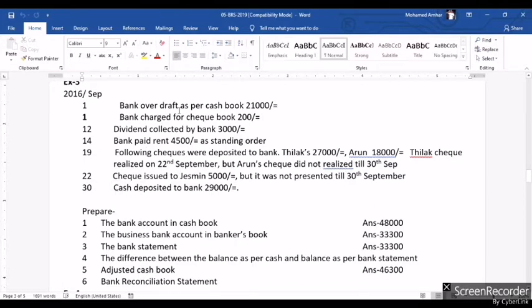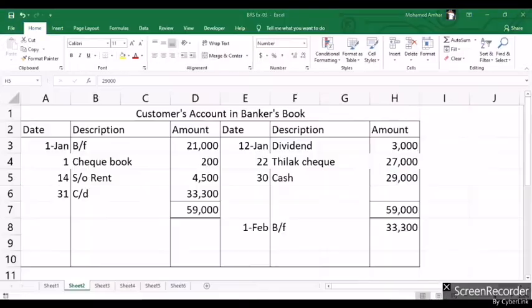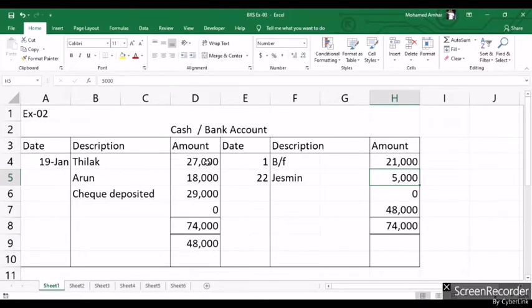Now we have recorded all the transactions in the cash book and the account maintained by the bank. So now we shall get the total of these accounts and get the balance brought forward amount. In the cash book, which side is more, credit side or debit side?